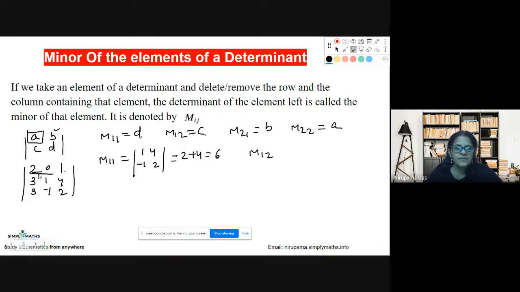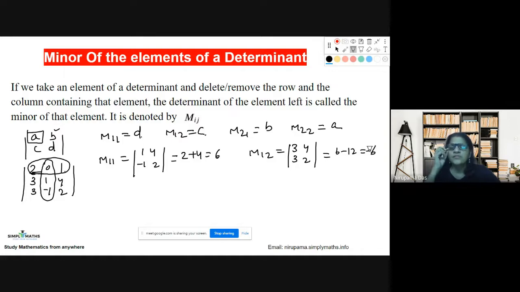We will not consider the first row, and we will not consider the second column. You see, we are getting 3, 4, 3, 2. Consider this determinant: 6 minus 12, which is minus 6.